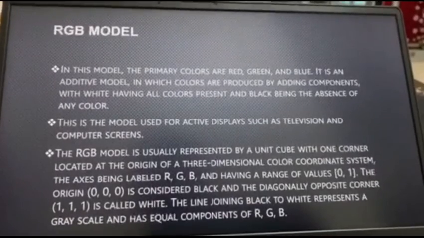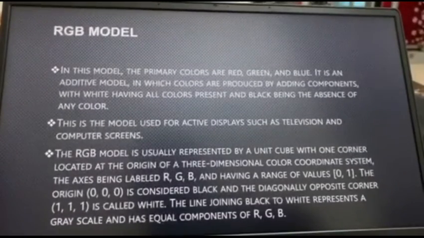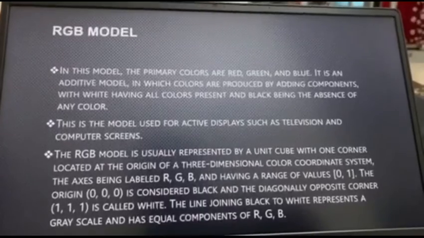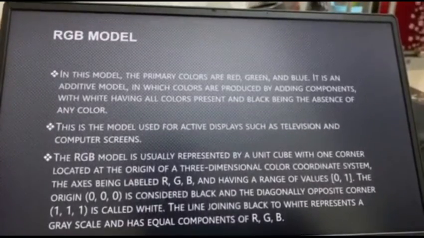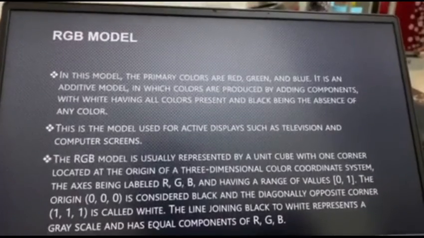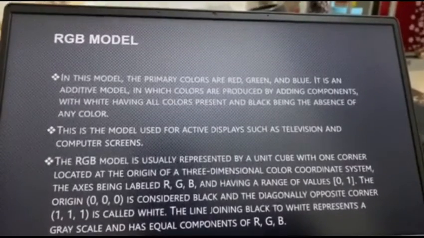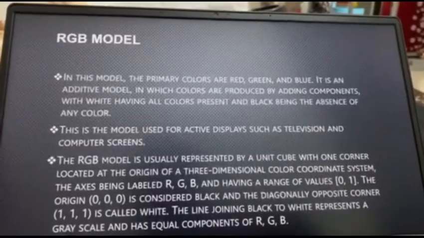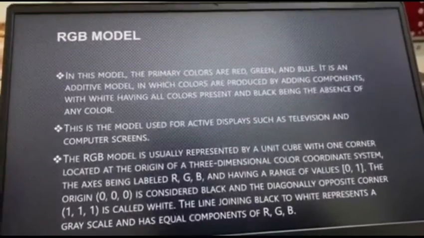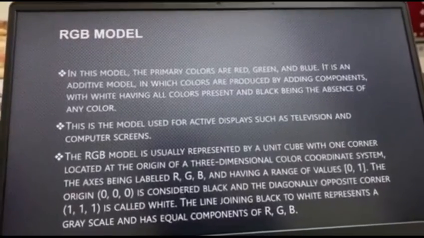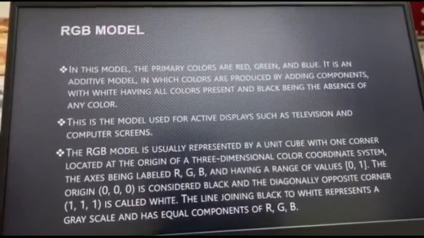The RGB model is usually represented by a unit cube with one corner located at the origin of the three-dimensional color space. When the value is 0, 0, 0, it displays black, and when the value is 1, 1, 1, it is called white.